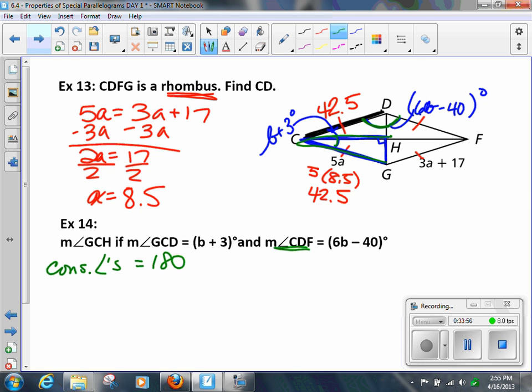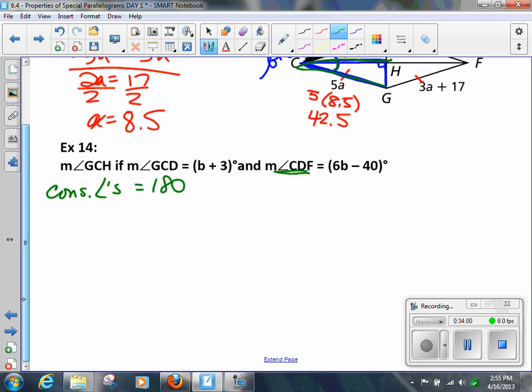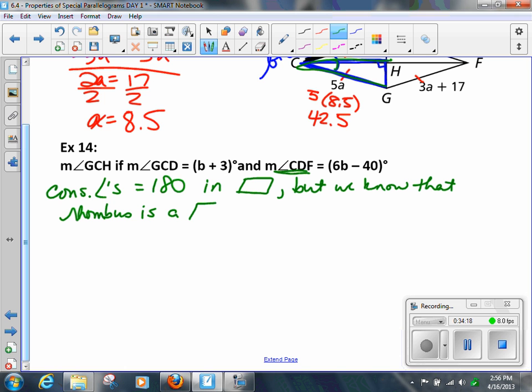Very good observation. Consecutive angles are equal to 180 in a parallelogram, but we know that a rhombus is a parallelogram. We know that, folks.